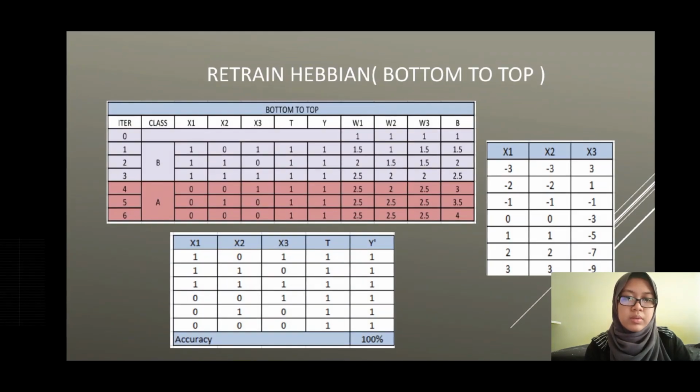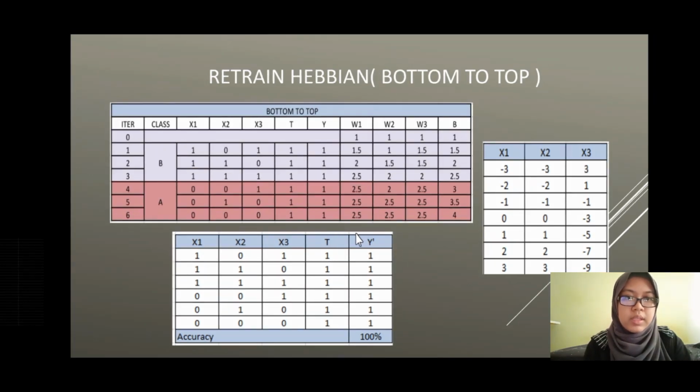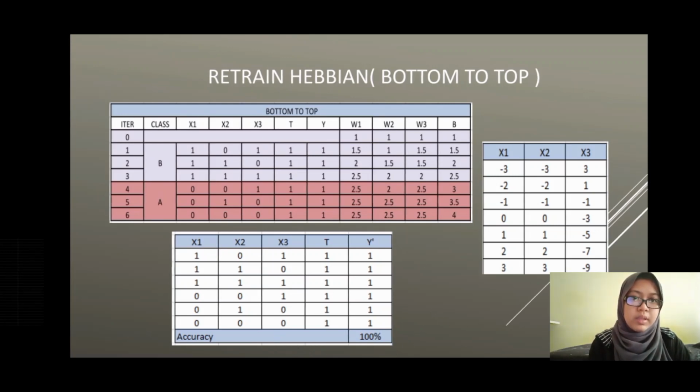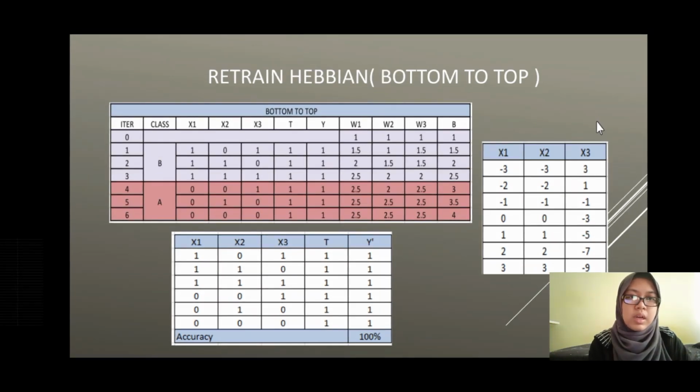We decided to use the same value of T as before. The value of W1, W2, W3 and B is also 1. After that, we calculate the accuracy, and we can conclude that we get 100%. This is our table for the graph.